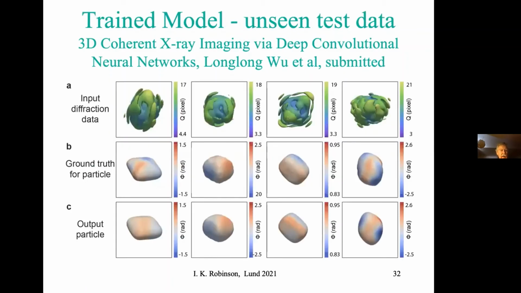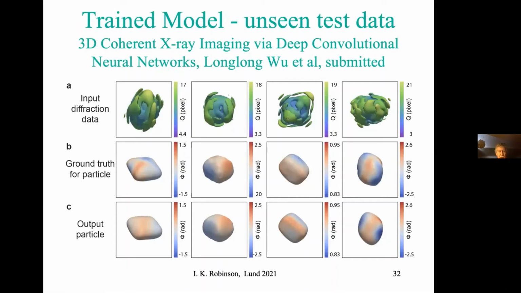This is the response to unseen data from a training data set using a similar model to what we had before. So we've got this super ellipsoid shape, and the ground truth, the shape that was expected, given that we calculated it, is this one, and then the output is coming out resembling quite well the ground truth.